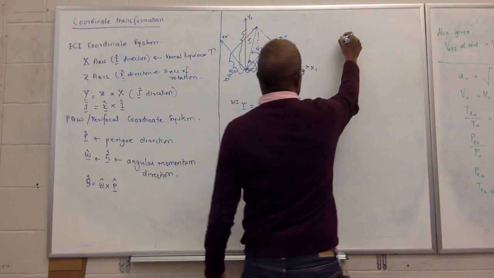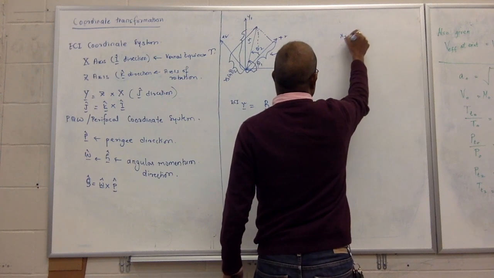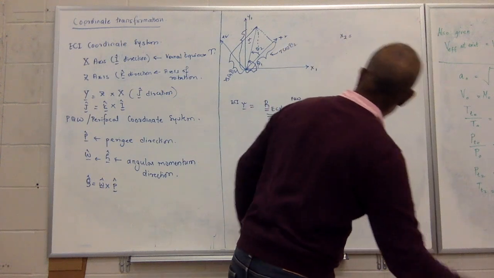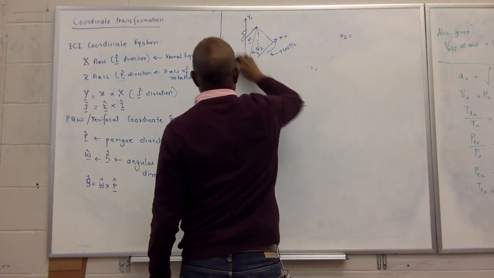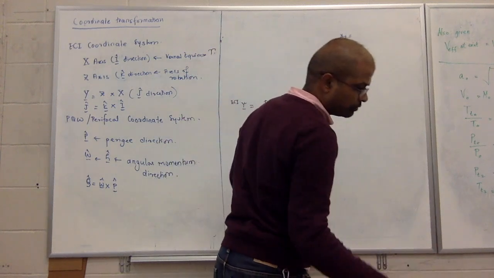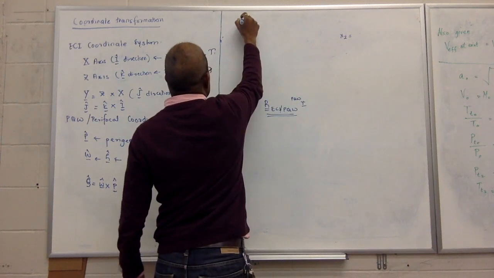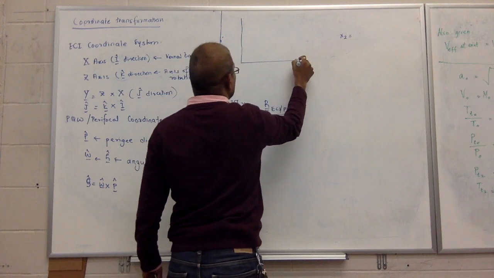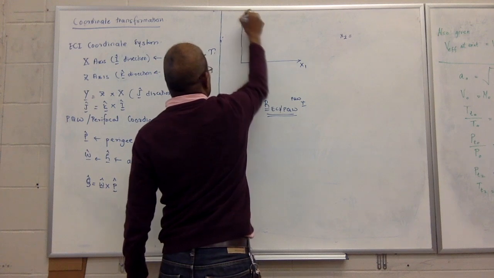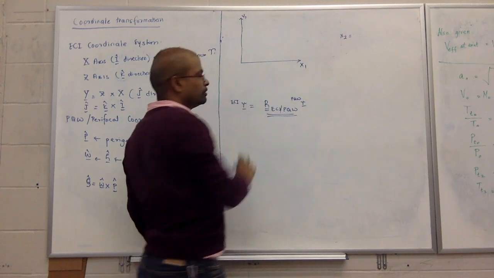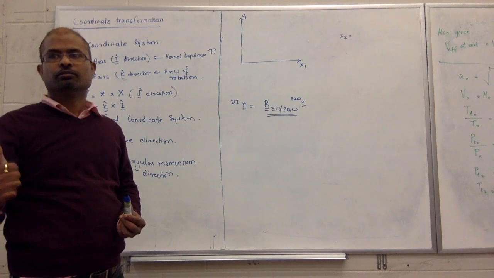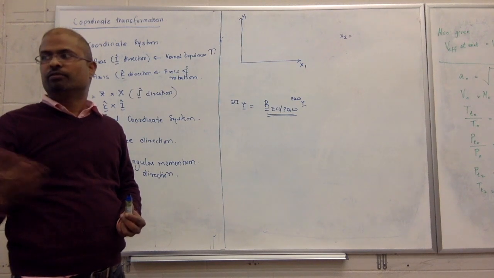Can I write X2 as... So here, this is X1, Y1. Where would Z1 be? It would come out of the board. So it's fairly simple, right?